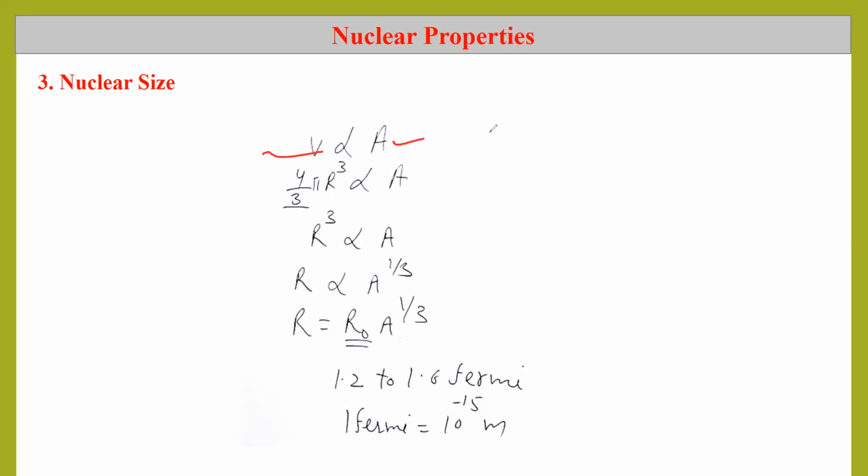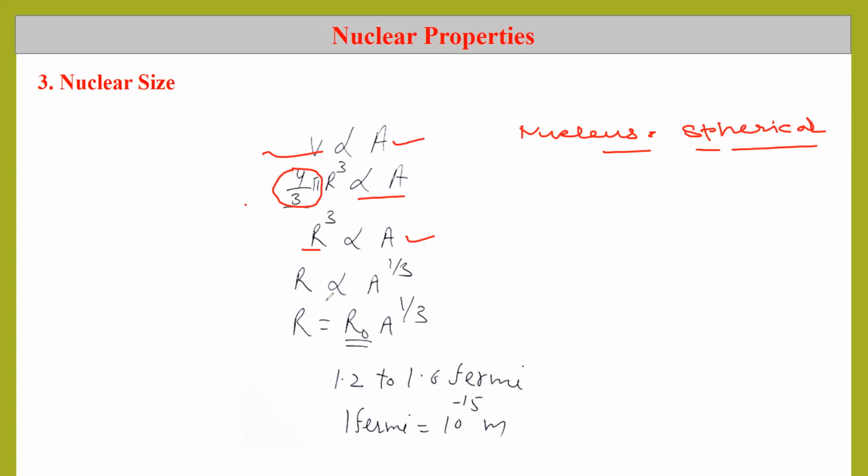If we consider the nucleus to be spherical, we know the volume of a sphere is 4/3 pi r cube. So we can say that 4/3 pi r cube is proportional to A. Since 4/3 pi is constant, we can write r cube is proportional to A. So r will be proportional to A to the power 1/3.